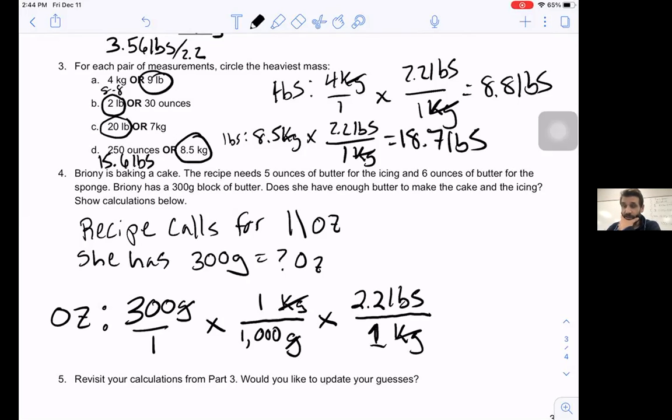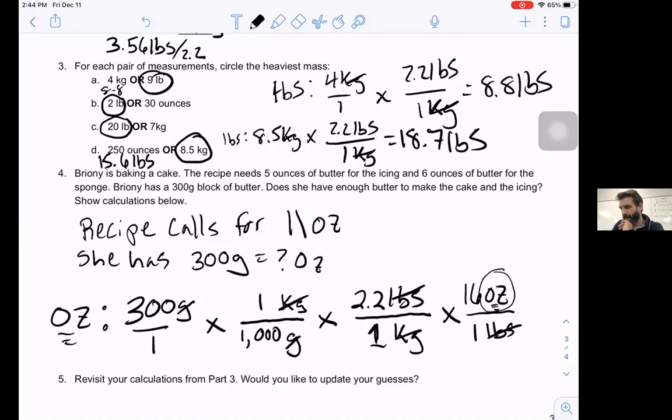It's a really useful skill. Okay, and now I know I can get from pounds to ounces. So 16 ounces, and this is good because I was looking for ounces. So I want to end with ounces on the top there. Is 1 pound. So I can cross off pounds.